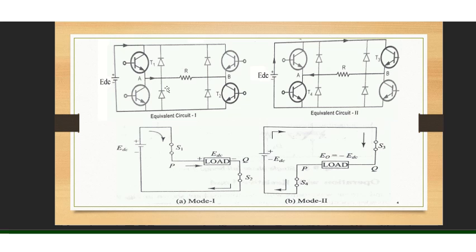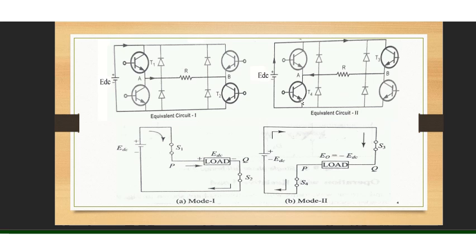When T1 and T2 are turned on, or conducting, the voltage across the load will be in this direction, positive here and negative here, as you can observe in the equivalent circuit. When T3 and T4 are turned on, the voltage will be in the direction like this, so it will be reverse, minus EDC. If EDC is your fixed DC supply, then when T1 and T2 are conducting, the output will be plus EDC.